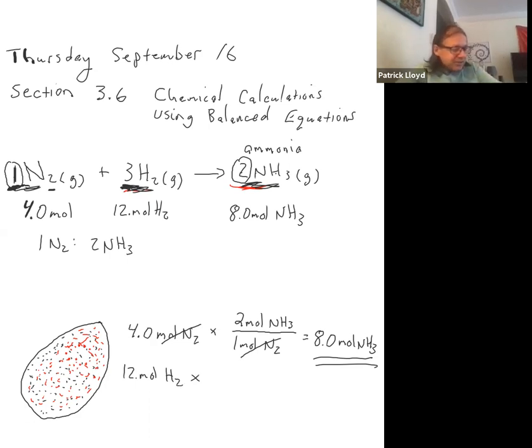The relationship is 2 moles of ammonia for every 3 moles of hydrogen, right? That's the relationship there. Again, it's 2 parts per 3 parts, right?